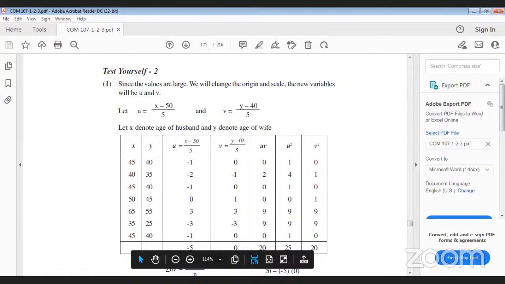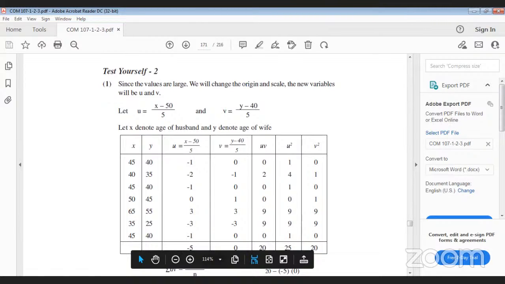Those numbers are also given in your book. Here it is 45 minus 50, that is minus 5 upon 5, which is minus 1. Then for the second, 40 minus 50 is minus 2.